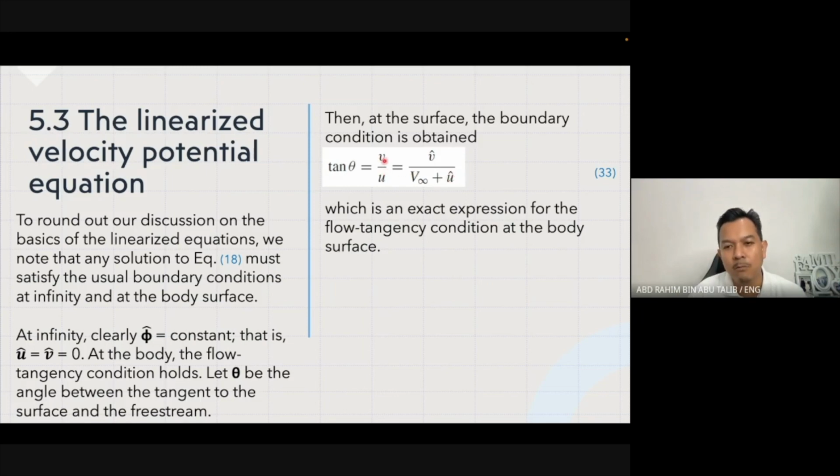This is actually an exact expression for the flow tangency condition at the body surface. So if you look back at figure 2, you can appreciate where tangent theta is.